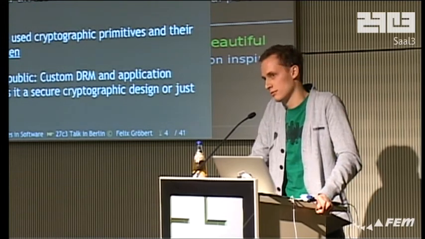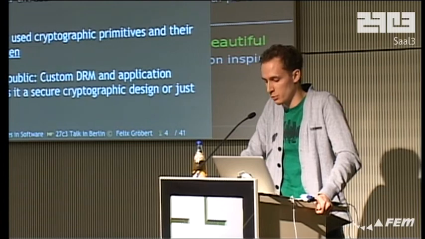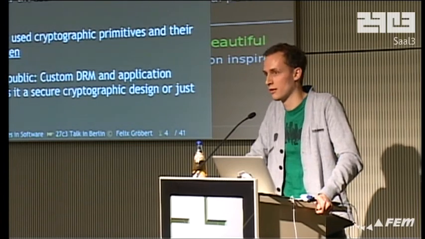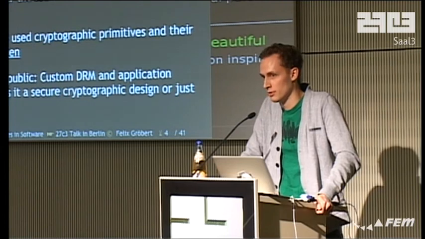This is difficult if the source code or design plans are not public, which is the case with the malware examples I gave before, and also with digital rights management systems or any other binary you have.